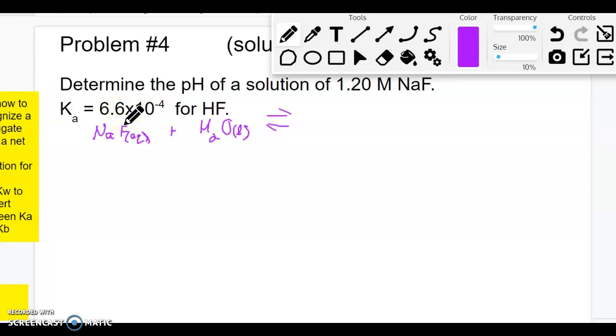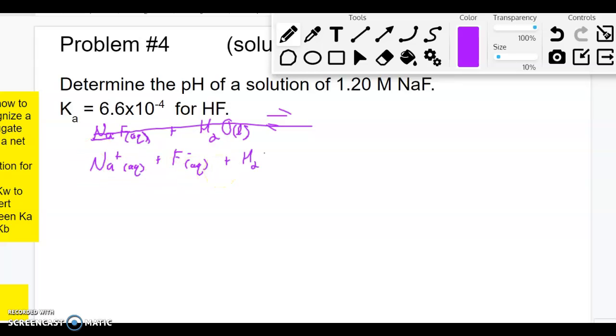But before we get there, remember that this NaF is really Na+ aqueous and F- aqueous. Because it has sodium, it will completely dissociate into this. So this isn't how we want to start it. We want to start it this way.